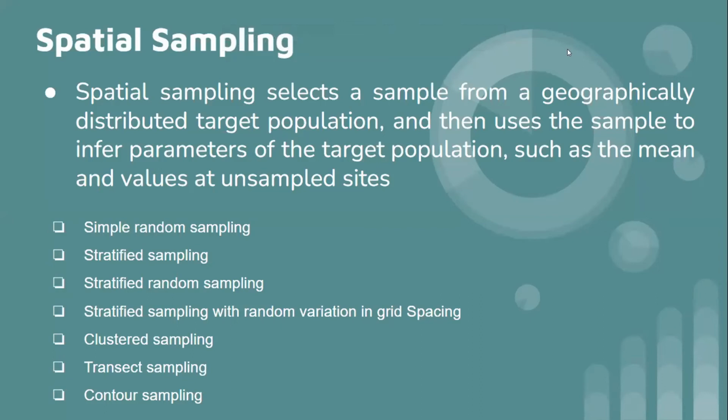Spatial sampling, as you can see in the definition, selects a sample from a geographically distributed target population and then uses that sample to infer parameters of the target population, such as the mean and values at unsampled sites.